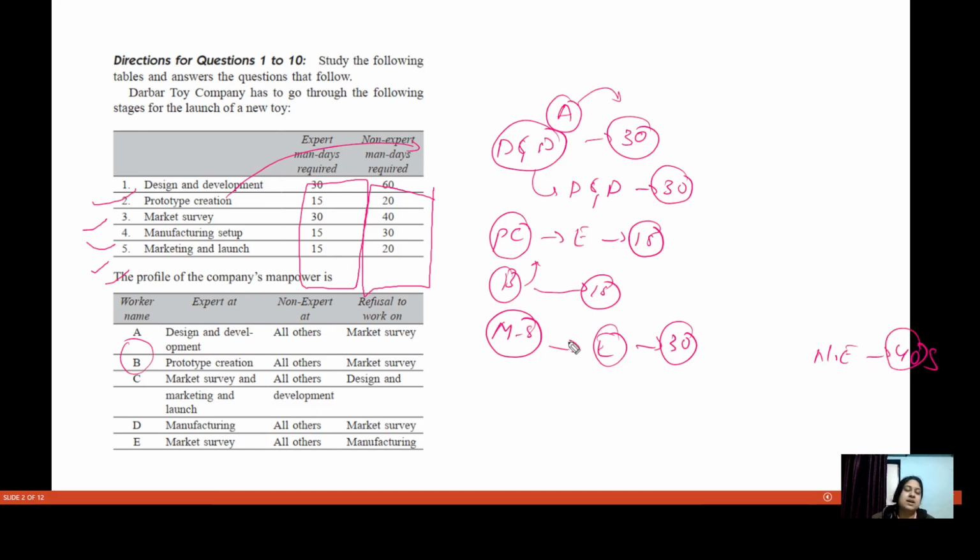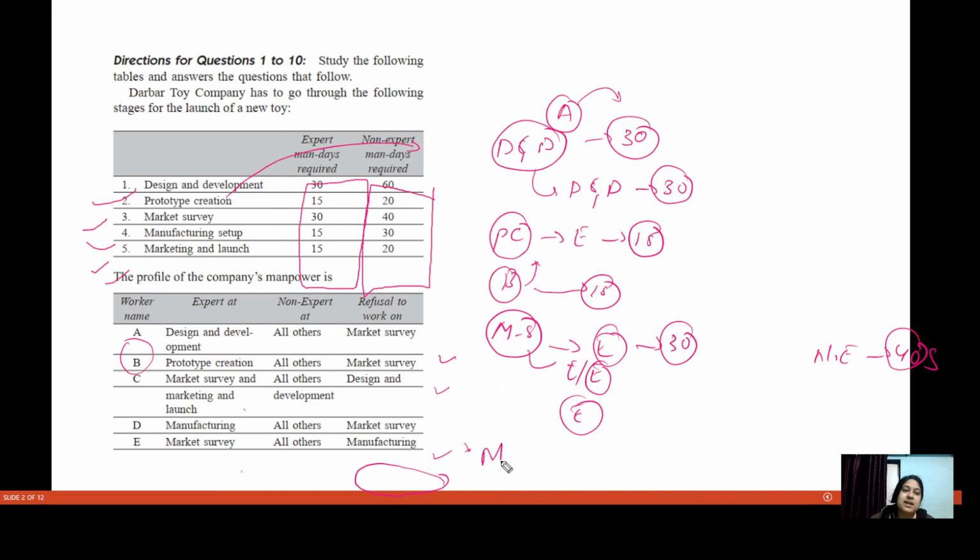But some people are refusing to work on market survey. Basically, A, B, and D are refusing, so only the expert person E works on it. In market survey, only expert people will work. Non-experts can't work because they are refusing.